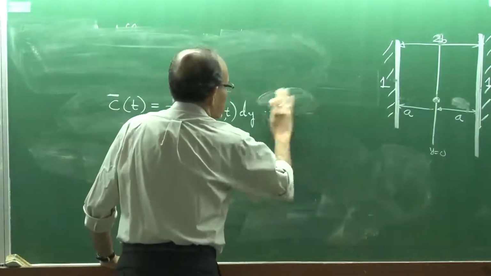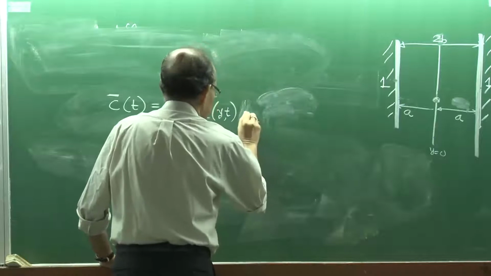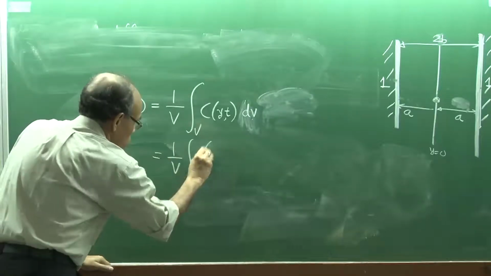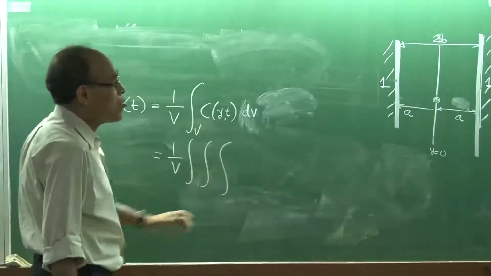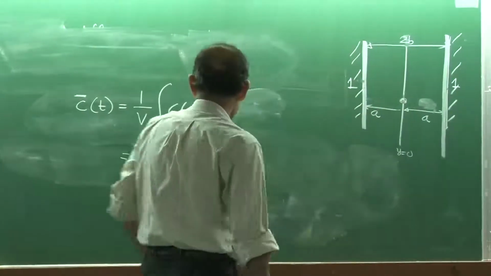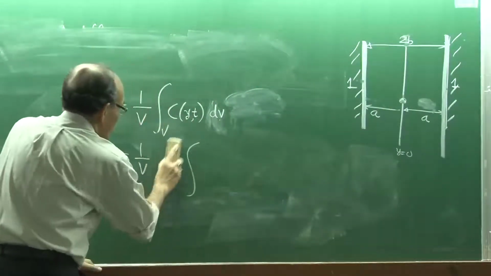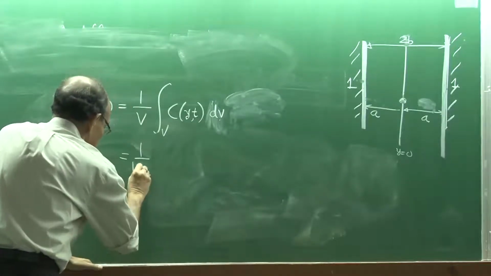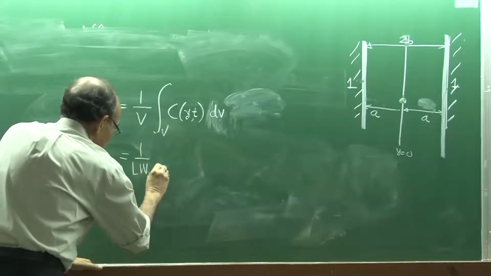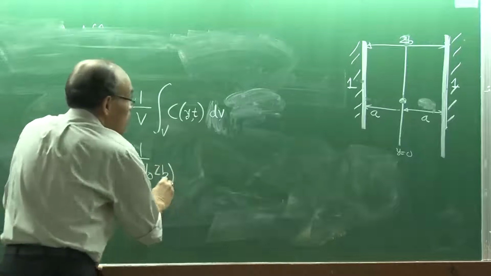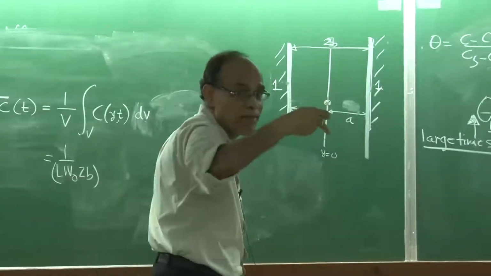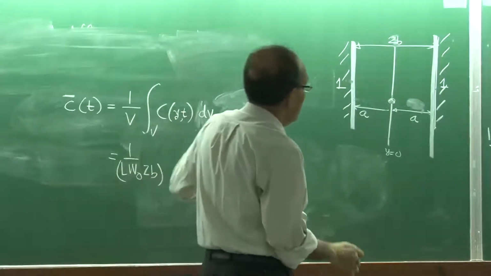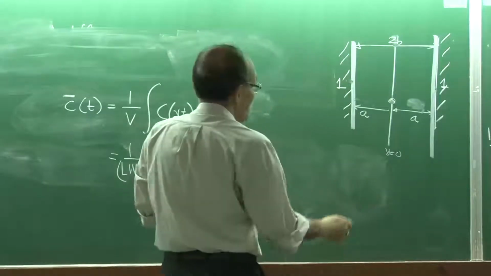It is basically going to be a triple integral in 3 different directions, and because only one direction is finite and the other directions are infinite, the volume is equal to L times W0 into 2 times B. That is the volume, in which L represents this directional thickness, W0 represents this directional dimension, and 2B represents this.